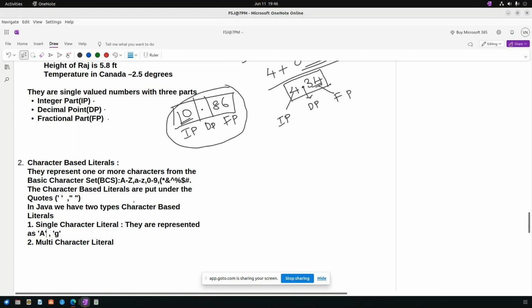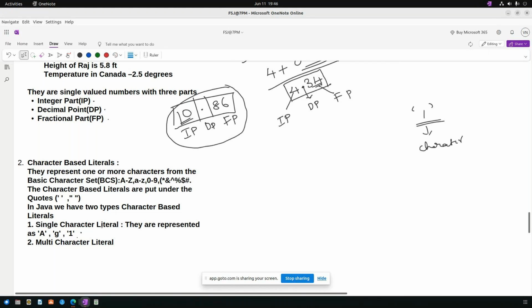A is the uppercase alphabet. You can say 1. Now you might be confused, since 1 is actually a number. But here you are keeping it under the quote, so this will become a character. Always remember that.